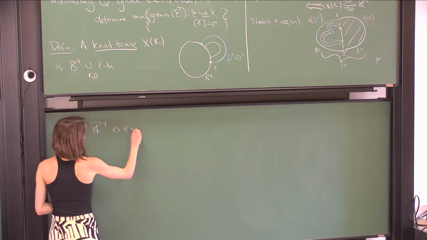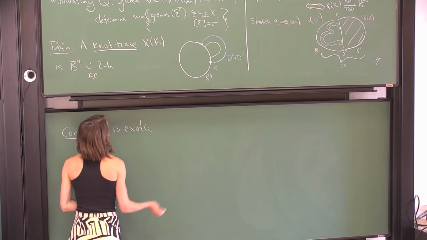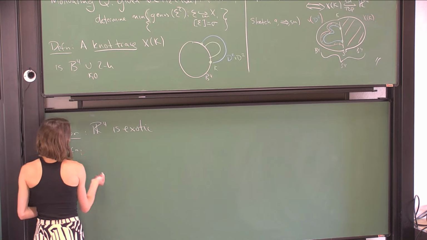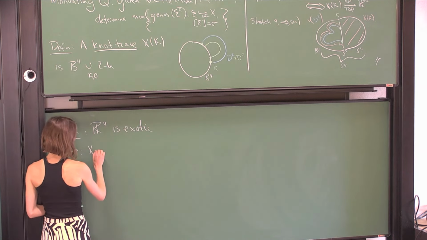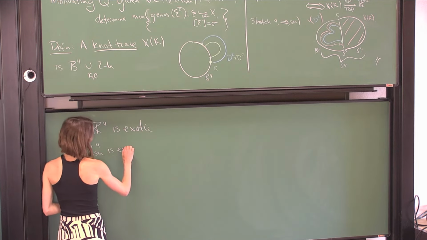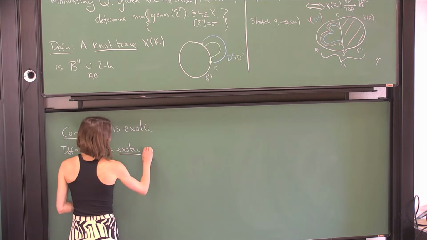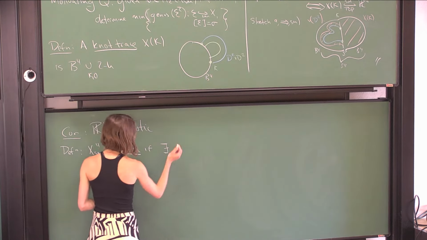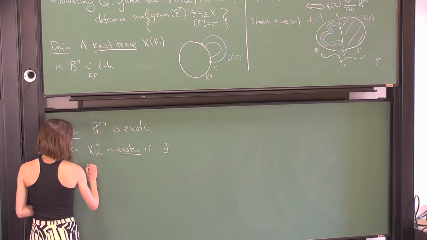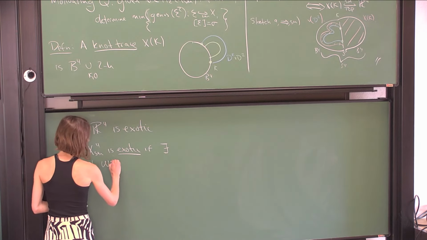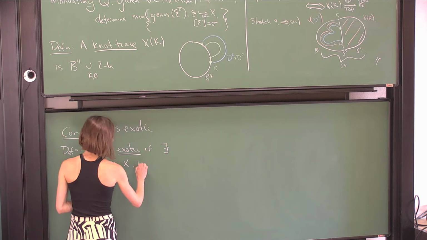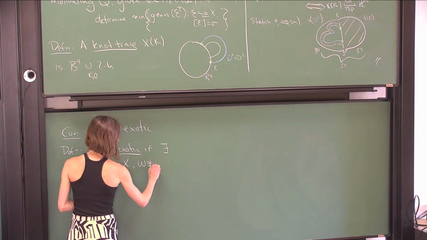R4 is exotic. So let me remind you, if you don't know what this means, we say that a smooth four manifold is exotic if there exists another smooth four manifold which is homeomorphic to your guy, but not diffeomorphic to your guy.